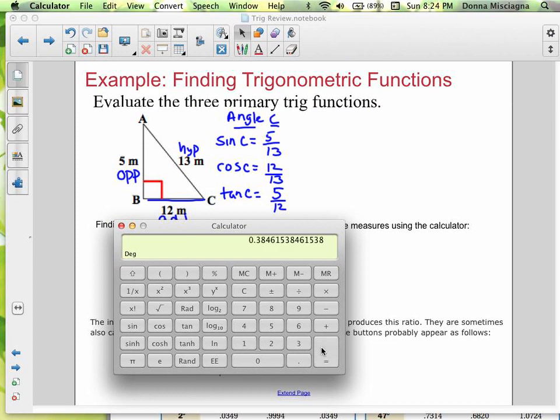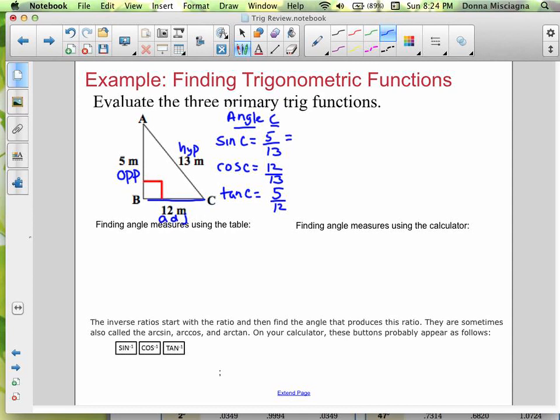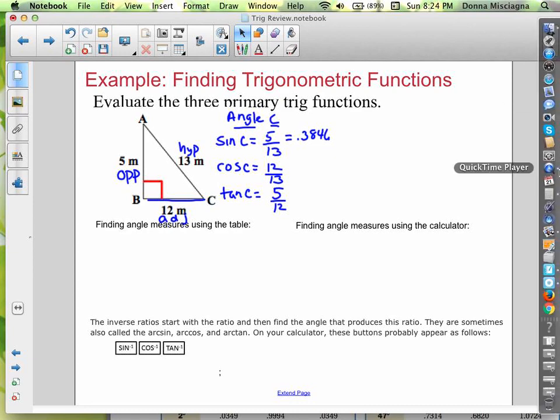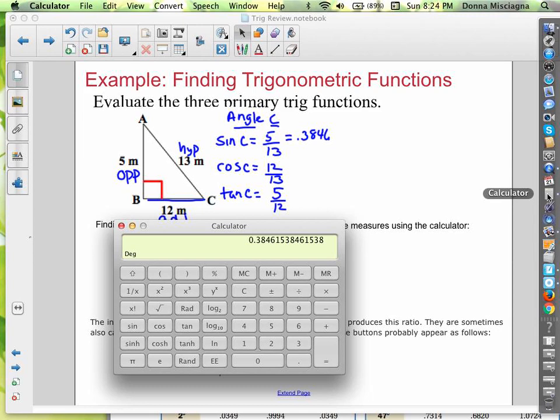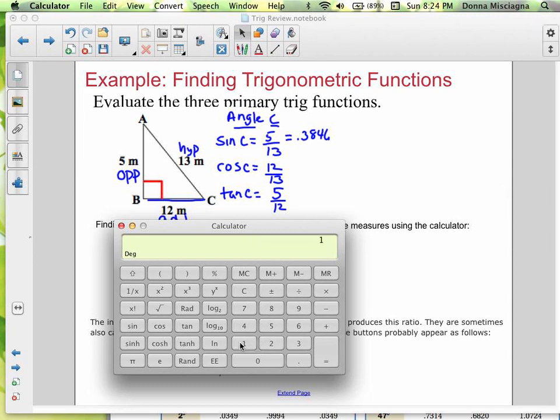I'm going to round to 4 decimal places, so that's 0.3846. And let's get the calculator back again. 12 divided by 13 is 0.9231. That would round up.